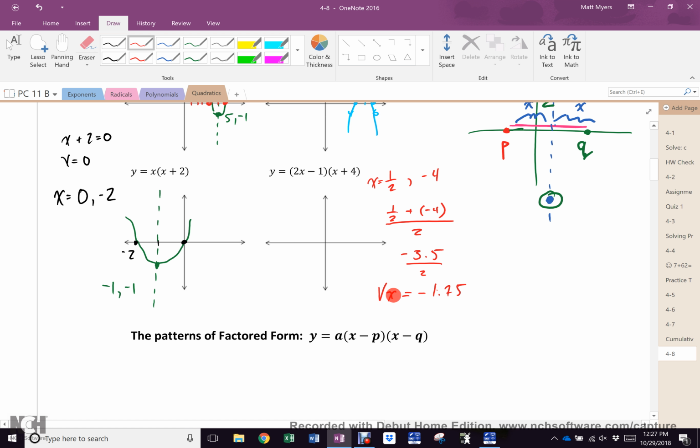So what do I do with this x now? I put it in where? Everywhere I see an x. So 2 times that we know is negative 3.5 minus 1 is negative 4.5, yes? And negative 1.75 plus 4 we know to be positive 2.25, yes?